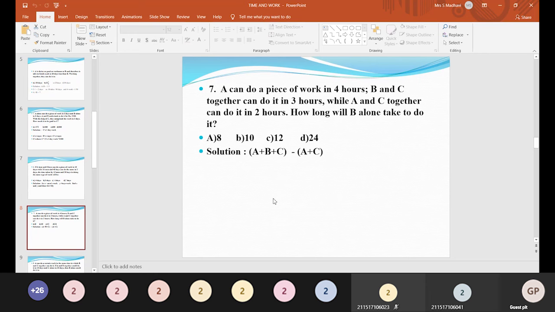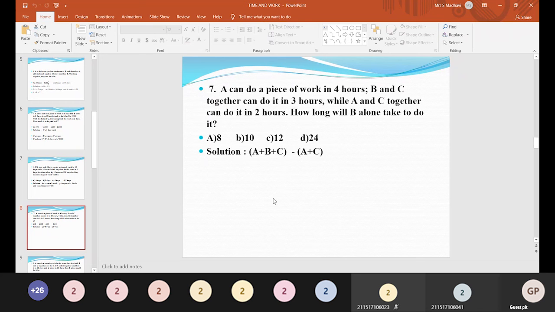Here A plus B plus C's 1 hour's work is equal to adding the values. A's 1 hour's work is 1 by 4. B plus C's 1 hour's work is 1 by 3. So A plus B plus C's 1 hour's work means 1 by 4 plus 1 by 3, which is equal to 7 by 12. Now B's 1 hour's work is equal to 7 by 12 minus A plus C's 1 hour's work.